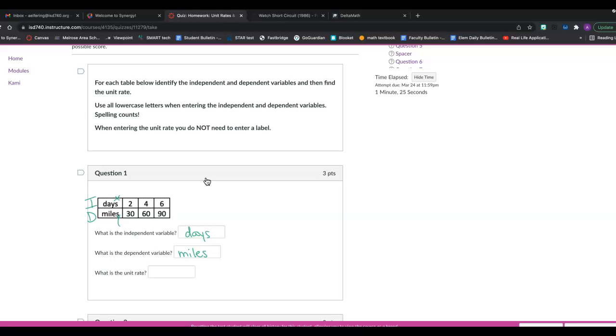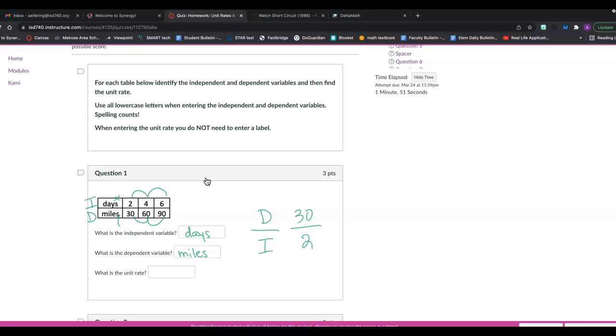Then it asks you to find the unit rate. When we find the unit rate, it flips. When you write unit rate, it always becomes dependent over independent. So we have to look at this. How much is it changing by? Abby? 30 over, how much does this change by? 2.